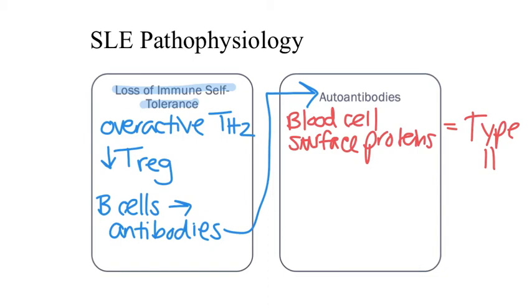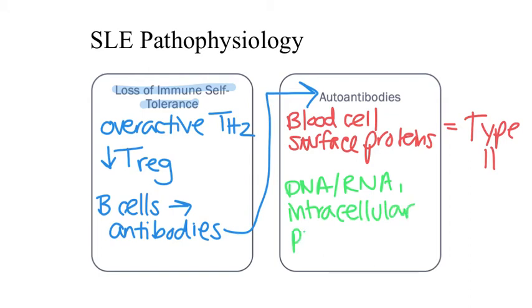The other primary group of autoantibodies are against DNA, RNA, and other nuclear or cytoplasmic proteins. This is a type 3 hypersensitivity reaction because it is immune complex mediated. Specifically, DNA, RNA, and other proteins serve as antigens against which antibodies are generated.